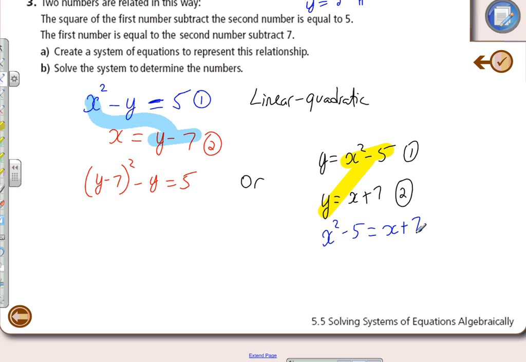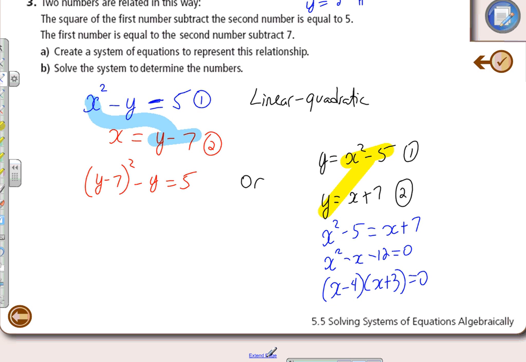I got a quadratic, equate to 0, and factor. x squared minus x minus 12 is equal to 0. Factor that, that's going to be x minus 4, x plus 3 equal to 0.